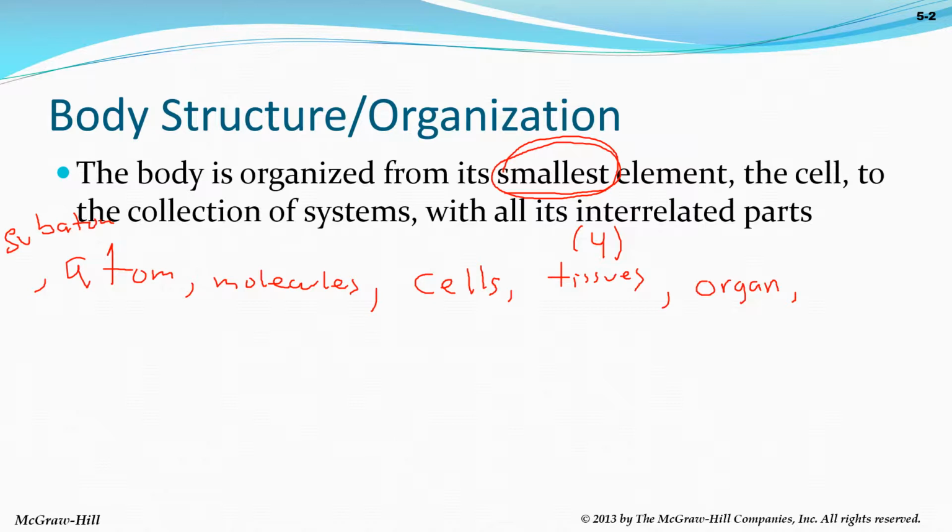So those are all different tissues that kind of work together to form the heart. And then you get the organ system. So the heart works with the blood vessels, the lungs to oxygenate. So multiple organs working together, you get your organ system. And then all your organ systems make up the organism, right? The complete you.